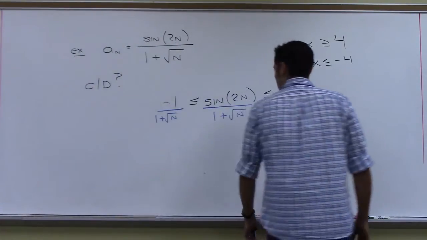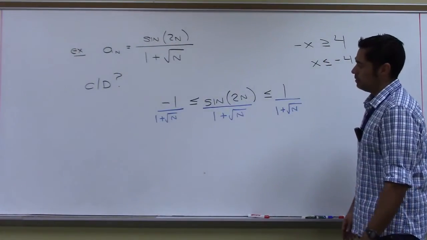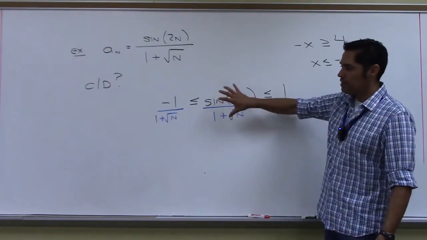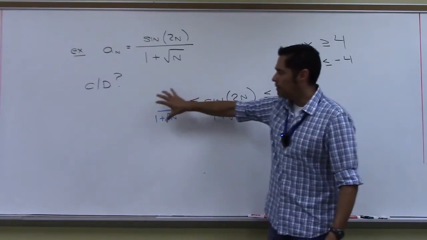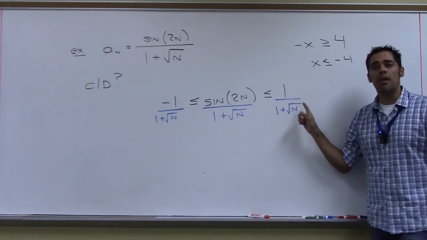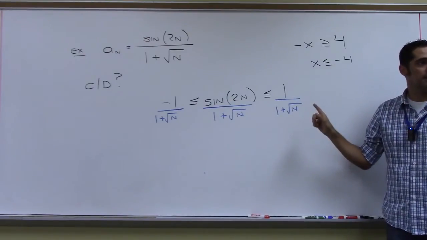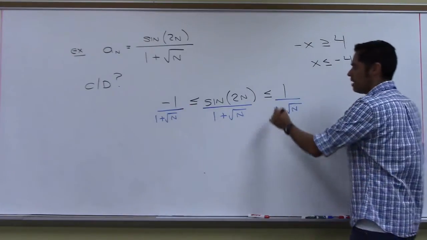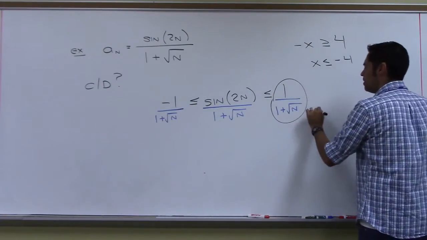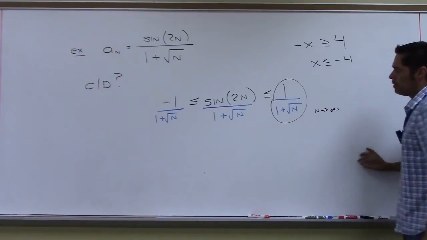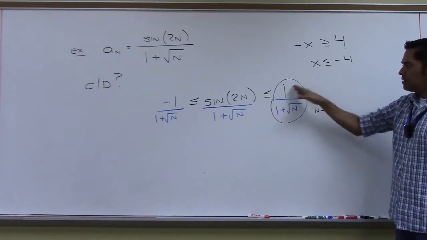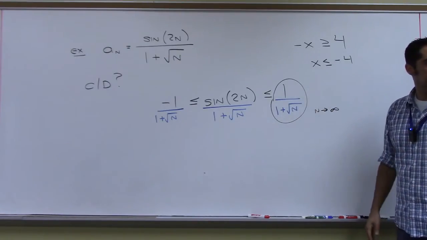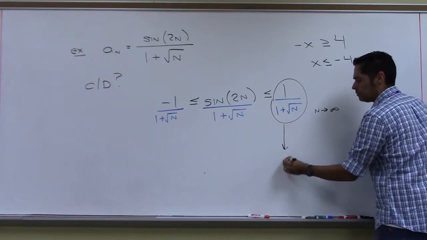Okay, now what I'm hoping we have here is the thing we're trying to squeeze and then have two things on the sides that I know where they go as n goes to infinity. And I hope that they go to the same place. Do they? So take a look at this one right here. What happens as n goes to infinity there? This gets big, that stays at 1, that goes to 0, doesn't it? So this one goes to 0.